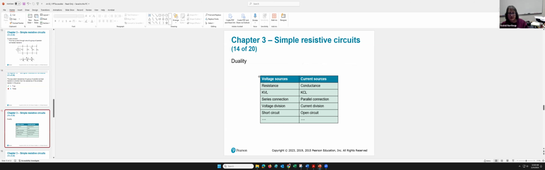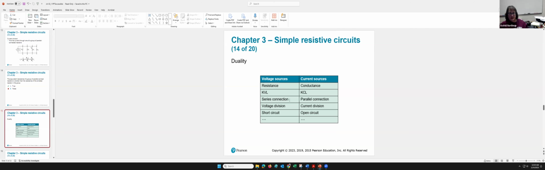So you see that a voltage source goes along with voltage division, and a current source goes along with current division. The property that we would think about with a voltage source is resistance. With a current source, we would think about conductance, which of course is 1 over the resistance. For voltage sources, we use Kirchhoff's voltage law. For current sources, Kirchhoff's current law.